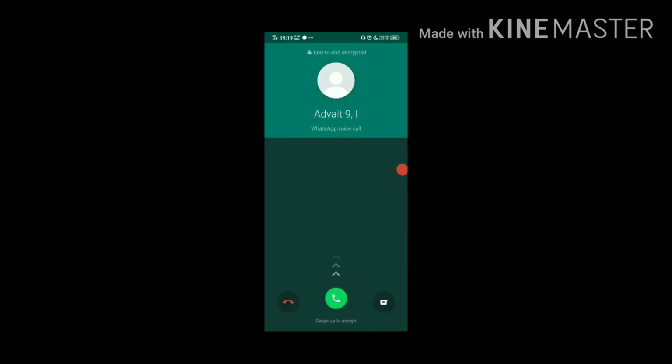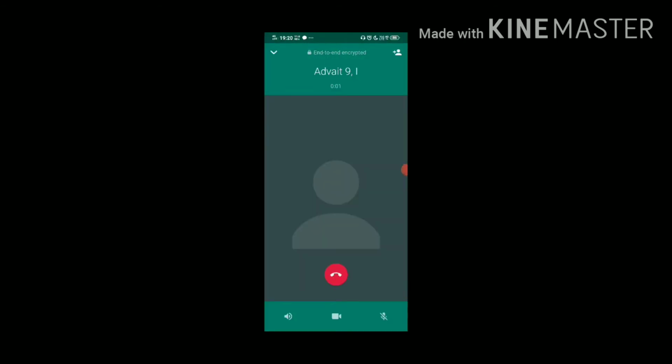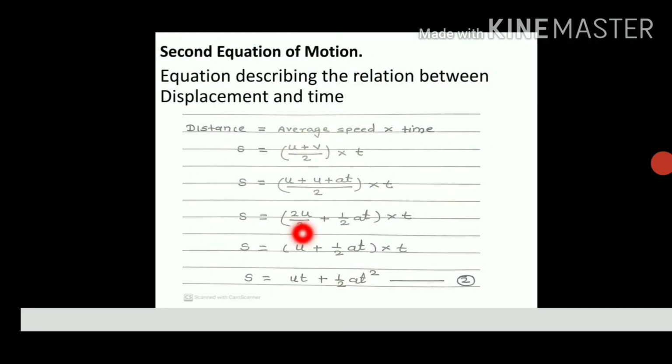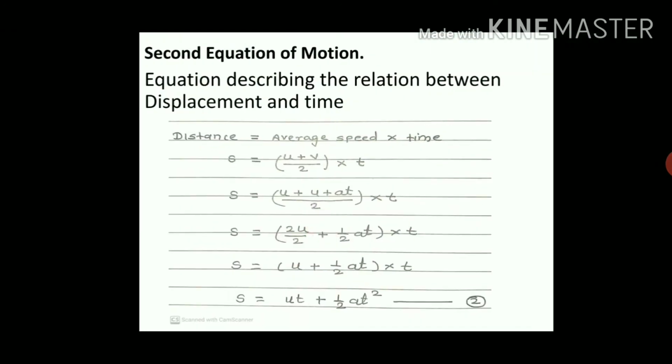And therefore we obtain s is equal to u plus half at into t, and therefore the last equation is s is equal to ut plus 1 upon 2 at square, because by multiplying t, u into t gives ut plus 1 upon 2 at square.